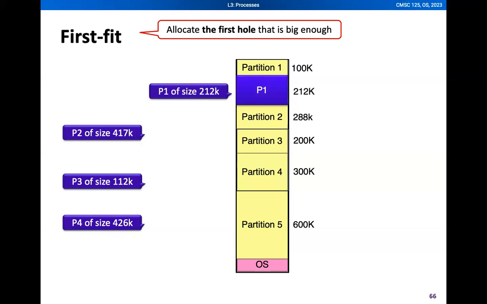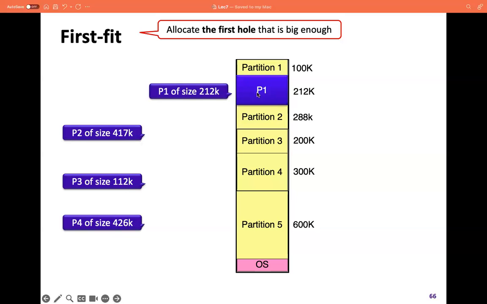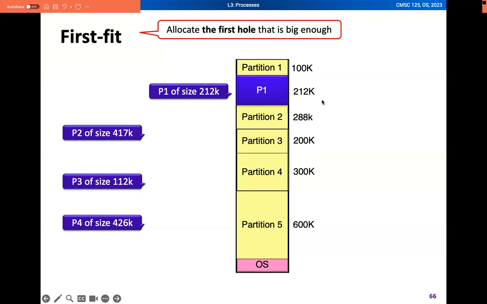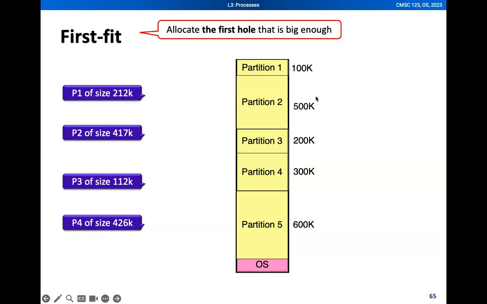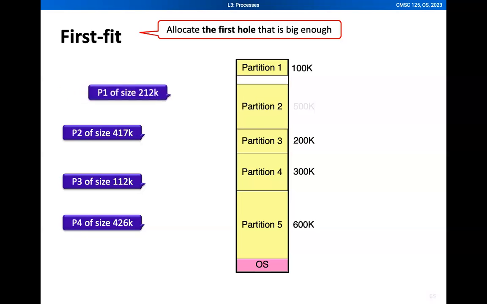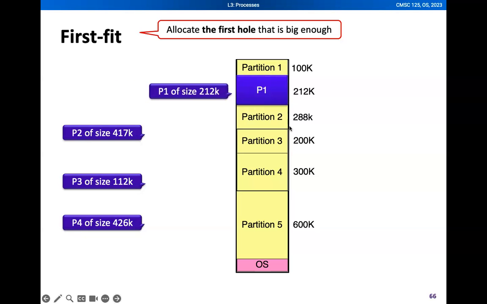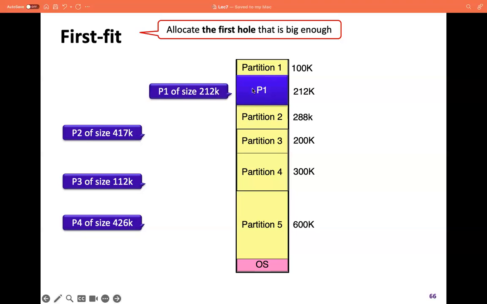So P1 will be allocated here. And since this is a dynamic allocation, from the initial 500, we now have an available space of 288. We simply subtracted 500 minus 212. So we have a new partition here, which has a size of 288.